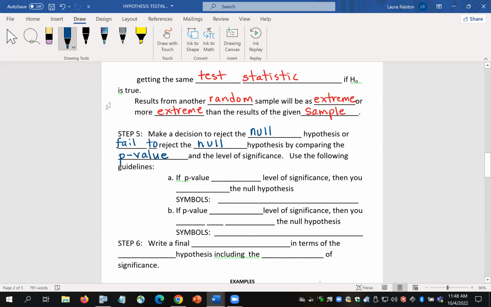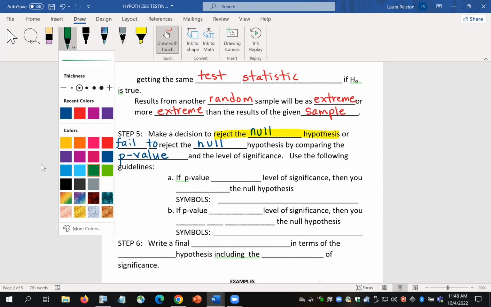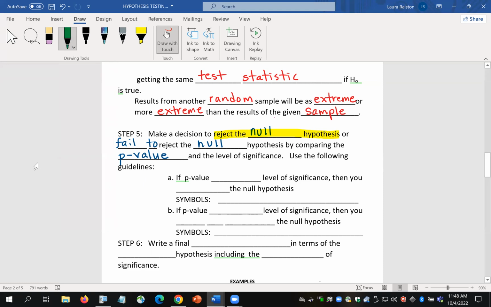The other thing that I want to point out is the way that these things are worded. The option is we reject the null hypothesis. Okay, rejecting the null hypothesis implies that the null hypothesis is false or wrong.